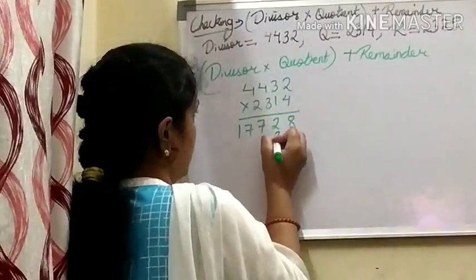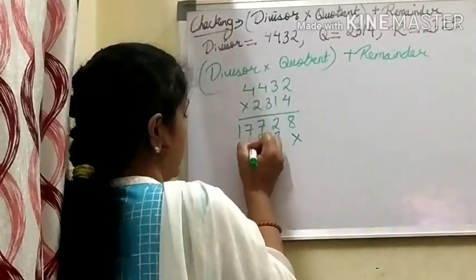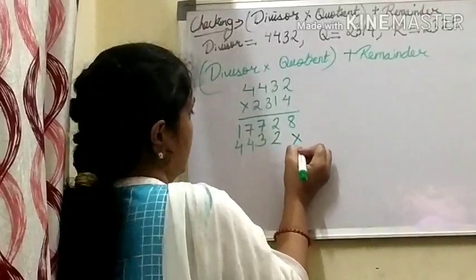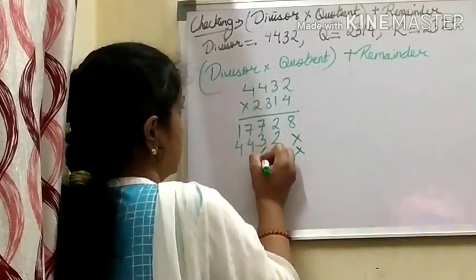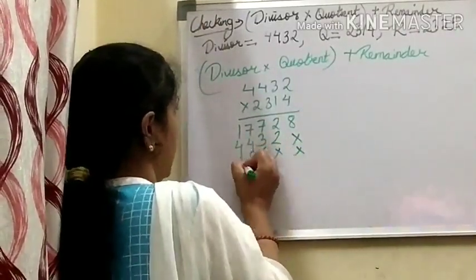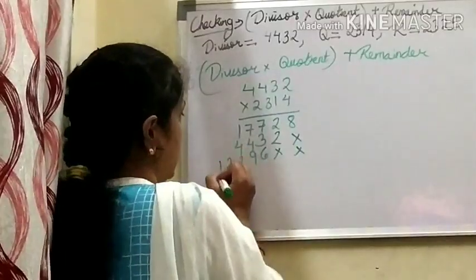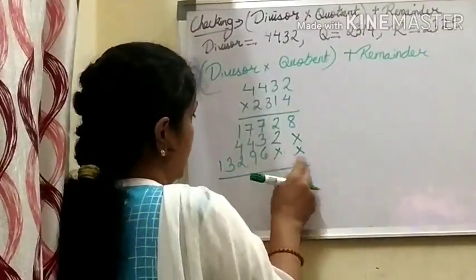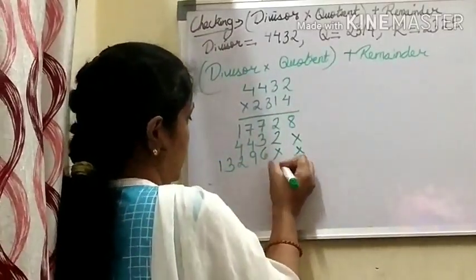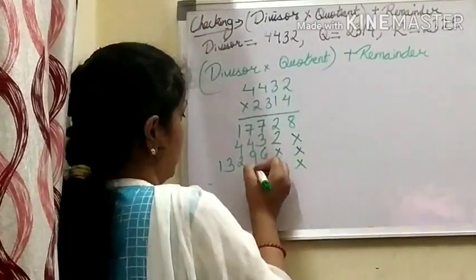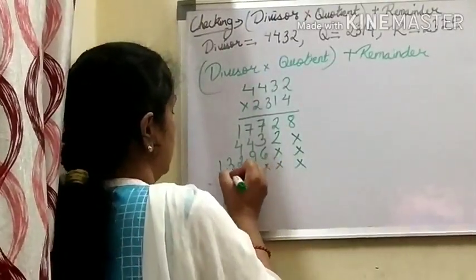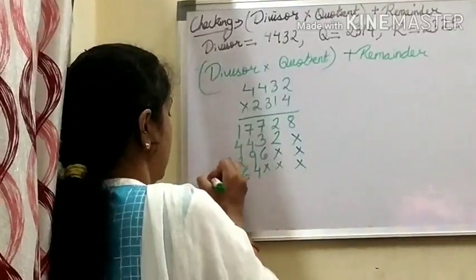Then 1 twos are 2, 1 threes are 3, 1 fours are 4, 1 fours are 4. Then 3 twos are 6, 3 threes are 9, 3 fours are 12, 3 fours are 12 plus 1, 15. Now one more multiplication is left. 2 twos are 4, 2 threes are 6, 2 fours are 8, 2 fours are 8.